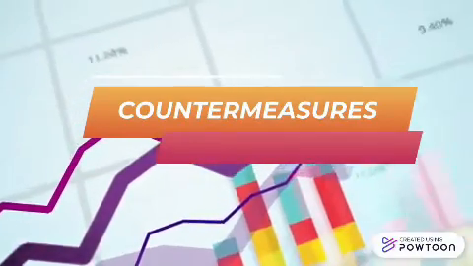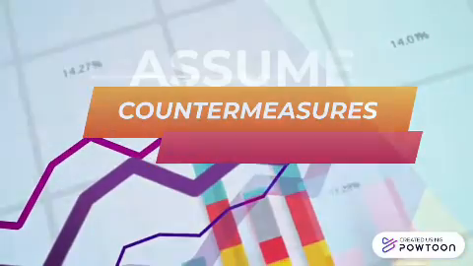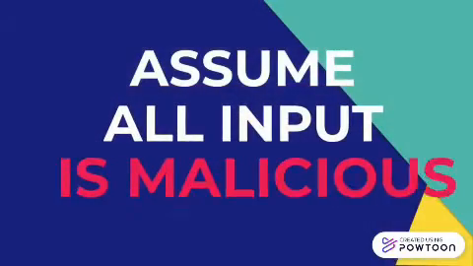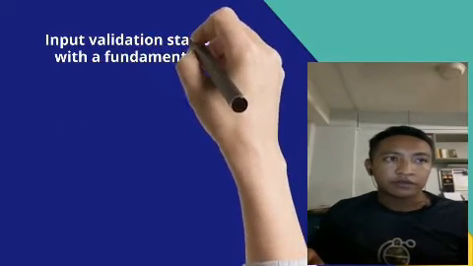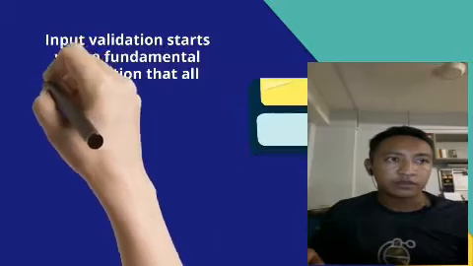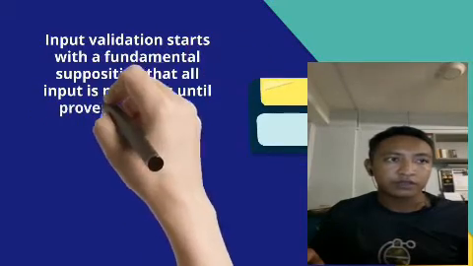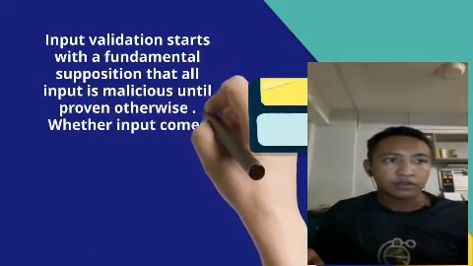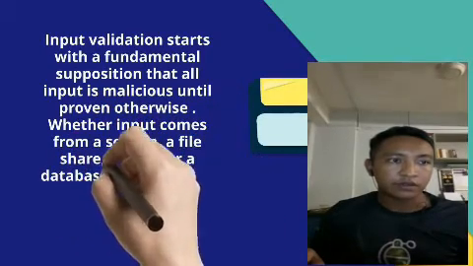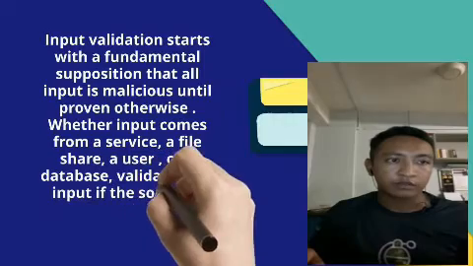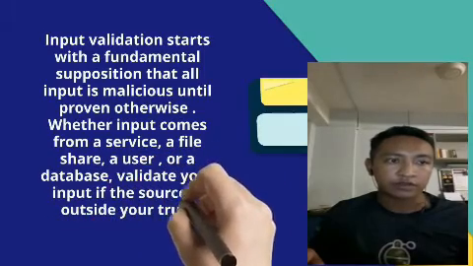Next are countermeasures or defensive methods. First, assume all input is malicious. Input validation starts with a fundamental supposition that all input is malicious until proven otherwise. Whether inputs come from a service, a file share, a user, or a database, validate your input if the source is outside your trust boundary.